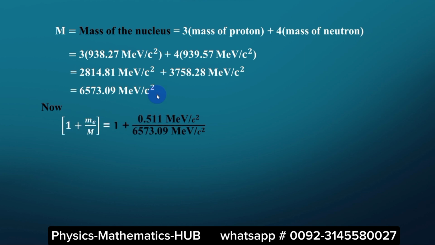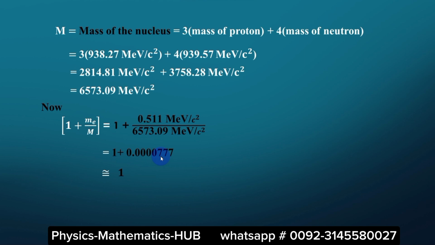Now, the term in the denominator of equation 1 can be simplified as 1 plus mass of electron divided by mass of the nucleus of lithium atom. Dividing mass of electron by mass of the nucleus, we get 0.0000777.